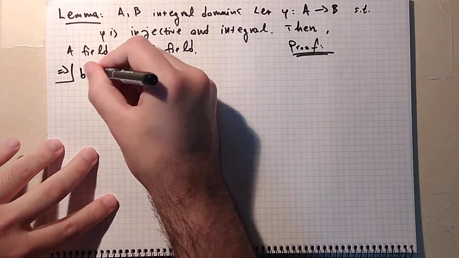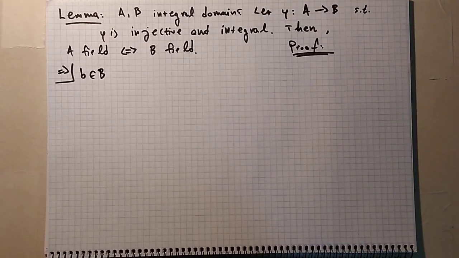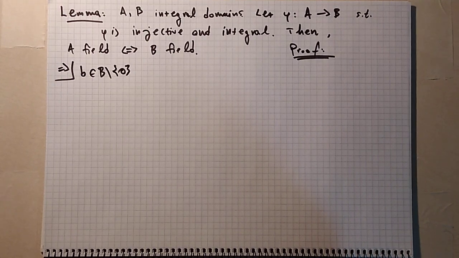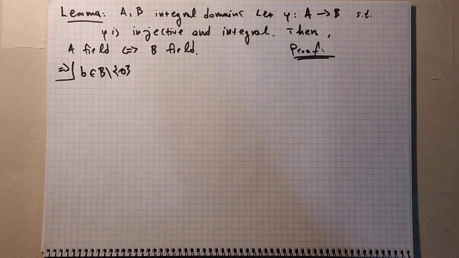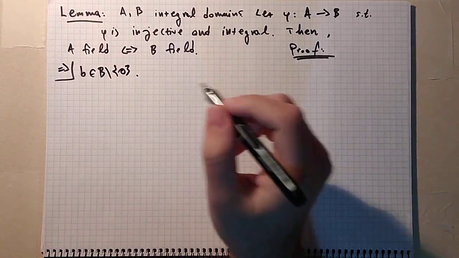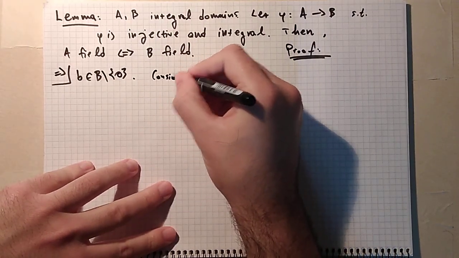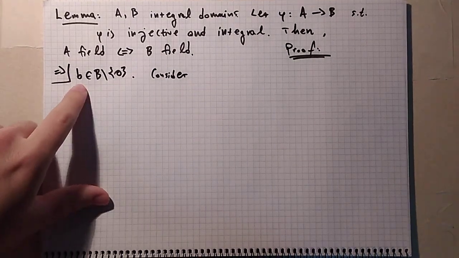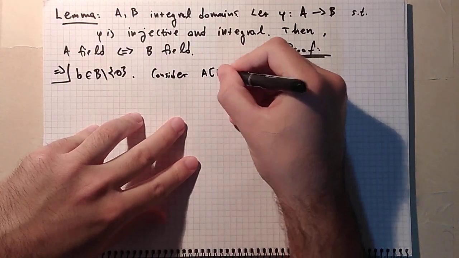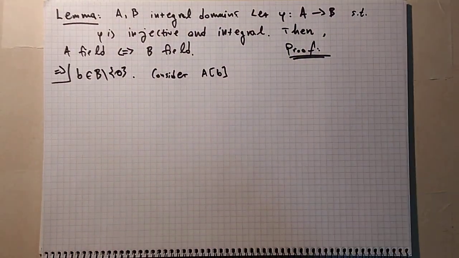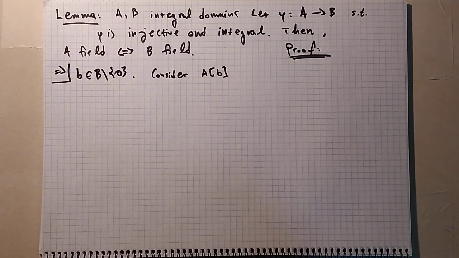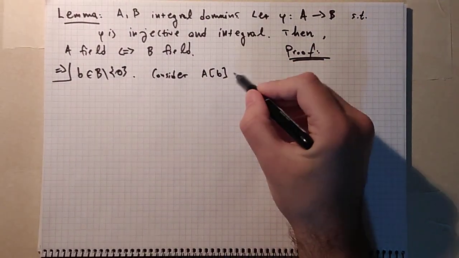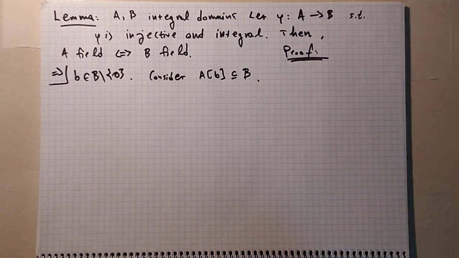I just take an element b living in B, assume that this is not 0, and then I'm going to find an inverse of this guy living inside B. So the first step is to consider the A-subalgebra generated by this little b. By definition this is the A-subalgebra generated by b, and since B is an A-algebra, this is of course a subset of B.